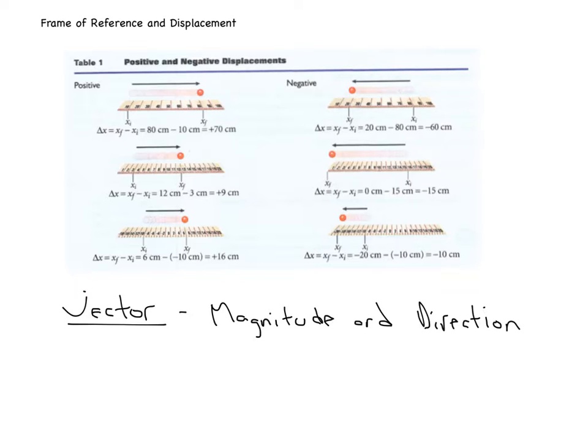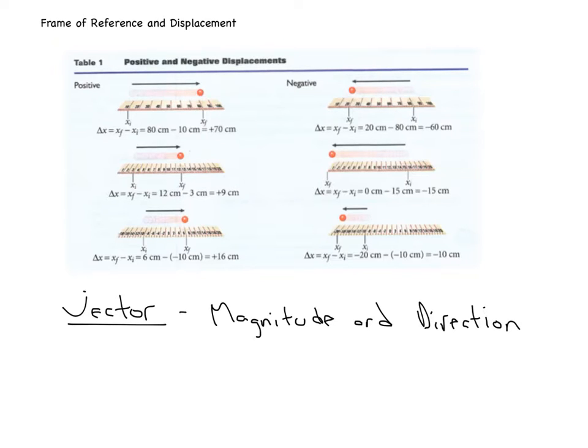So for example, if we remember the equation for displacement is final position minus initial, here the ball goes from 10 to 80. In this case, it would be 80 minus 10. It would have a displacement of positive 70.